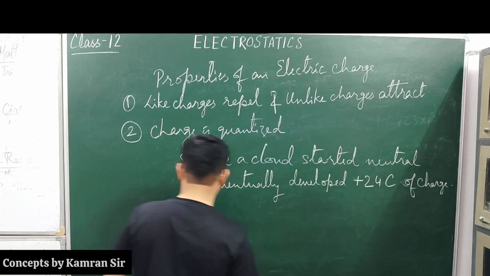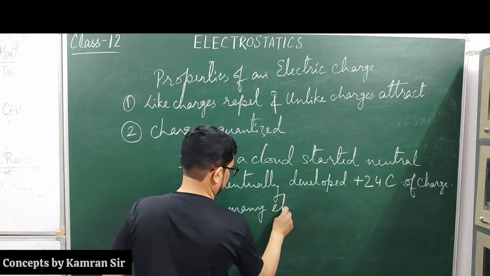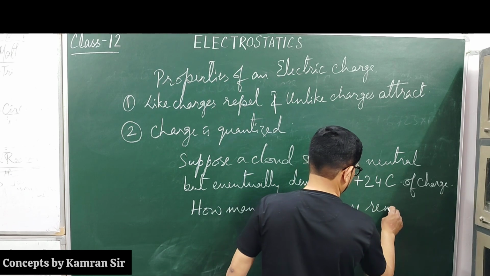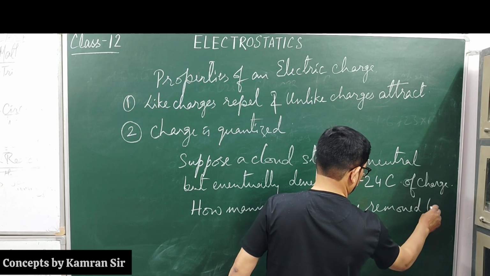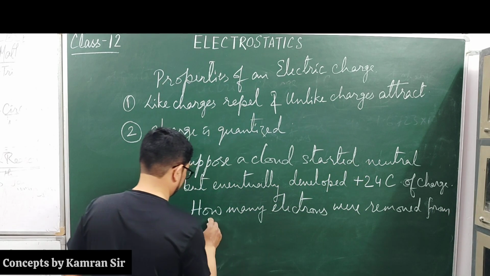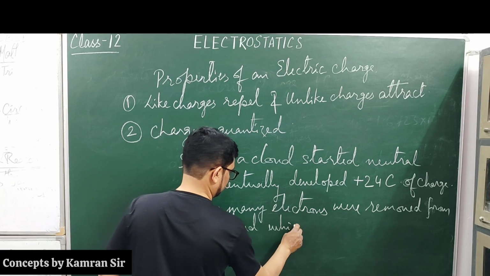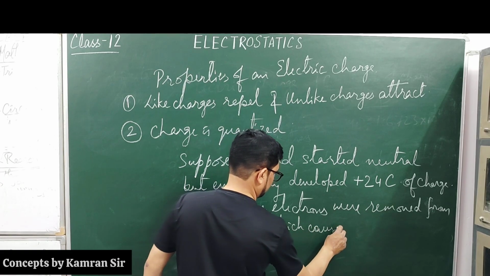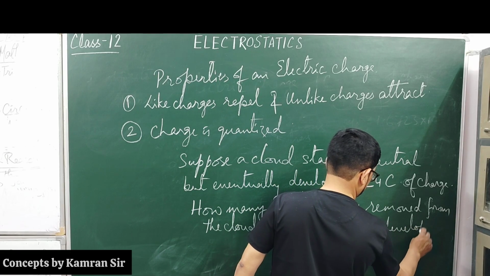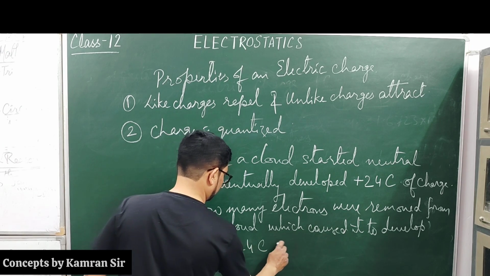So the question is, how many electrons were removed from the cloud which caused it to develop positive 24 coulomb of charge?